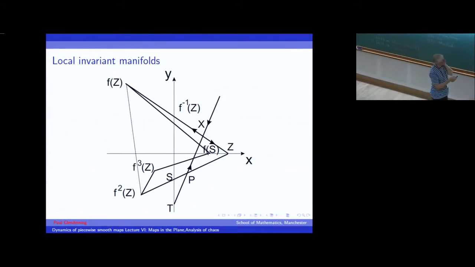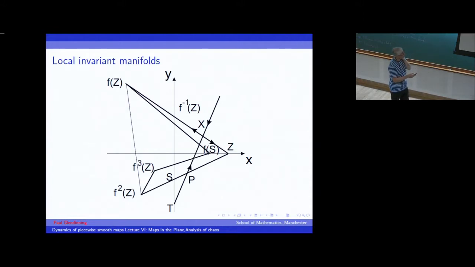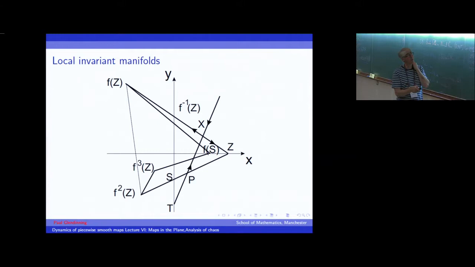But as we've been doing this, we've also, to some extent, been creating other bits of the unstable manifold. Images of the unstable manifold are on the unstable manifold. So this maps to there. What about this bit? This is a bit of the unstable manifold, f inverse z, fz. Well, that maps to z, f2 of z.